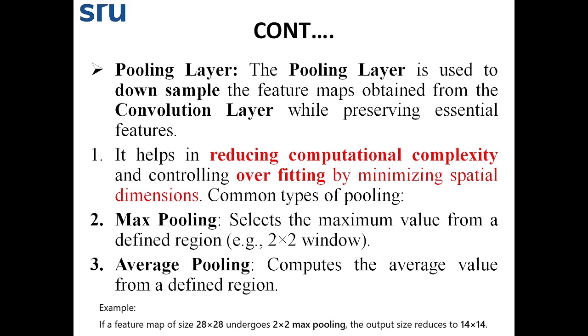Select the maximum value from a defined range, example 2 cross 2 window. Average pooling computes the average value from a defined region. If a feature map of size 28 cross 28 undergoes 2 cross 2 maximum pooling, the output size reduces to 14 cross 14.